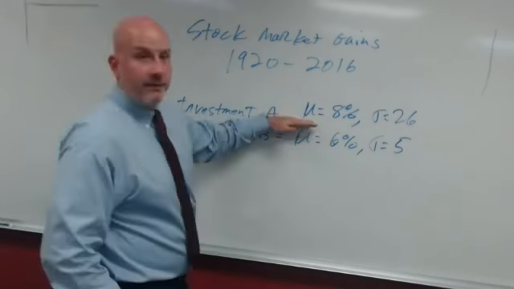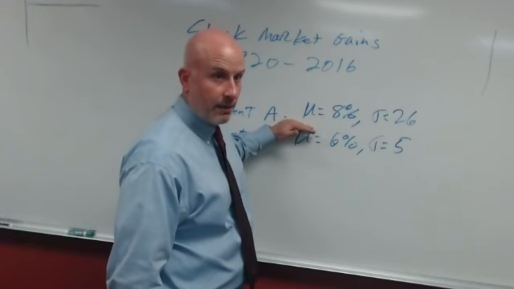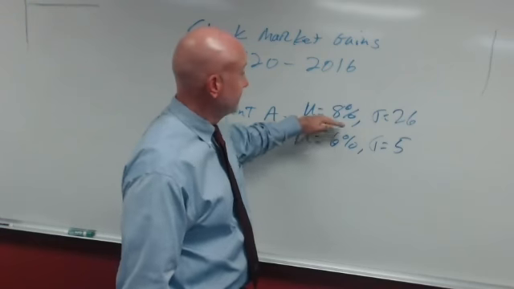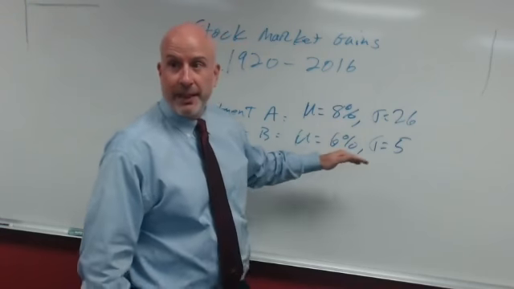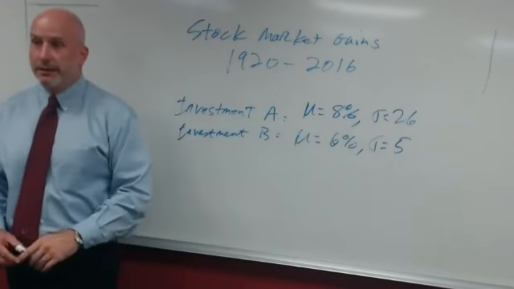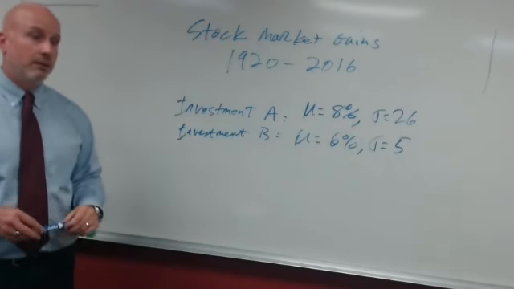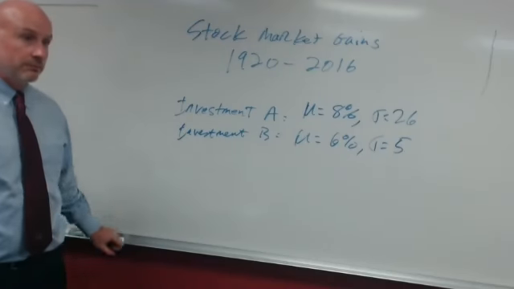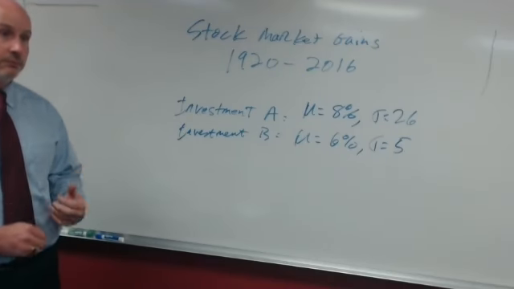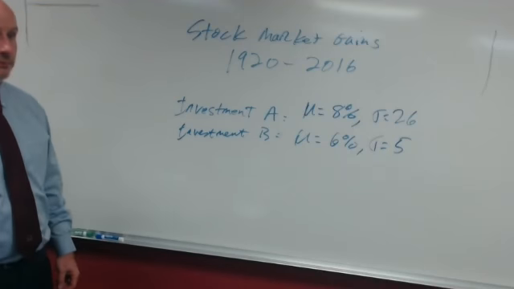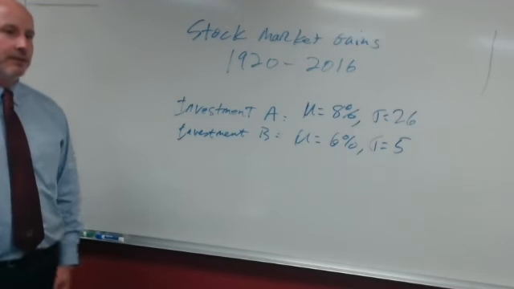Depending on your preference for risk, and I would argue your time horizon, you're going to be able to make a more informed decision. But what's investment A? Is it a group of stocks? That's irrelevant.